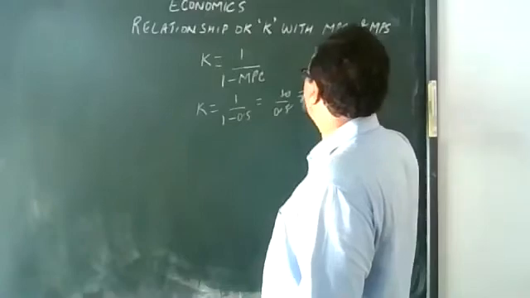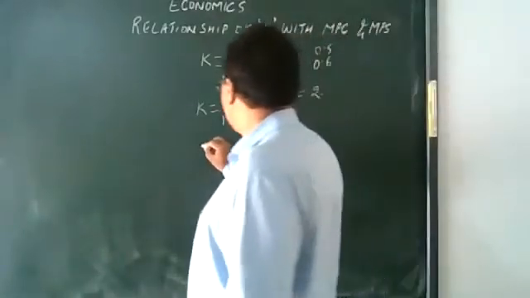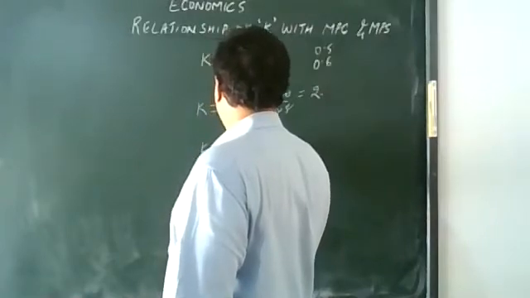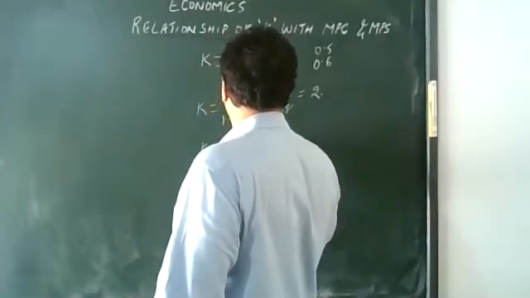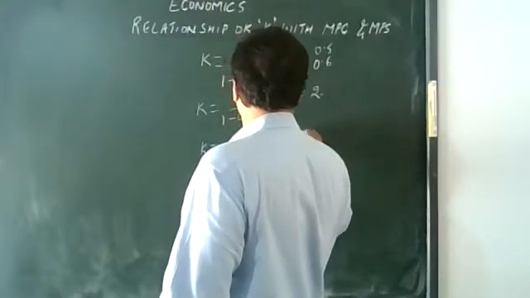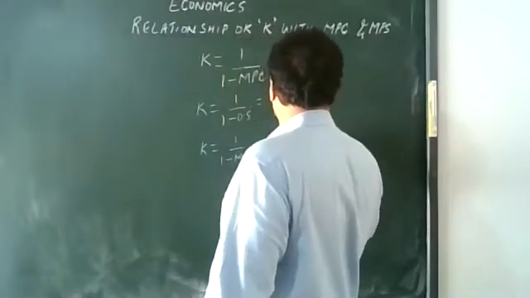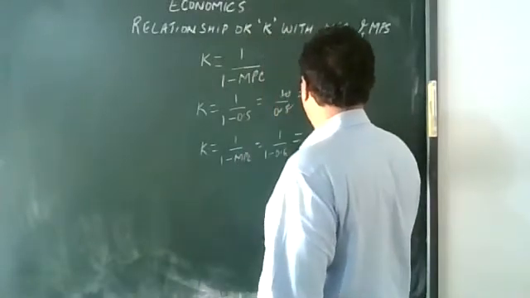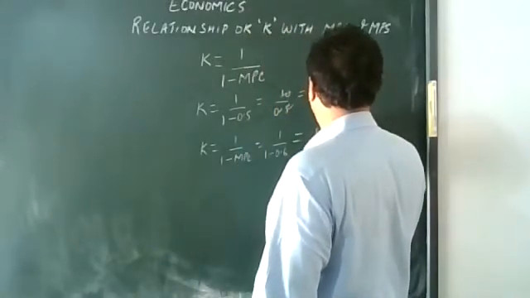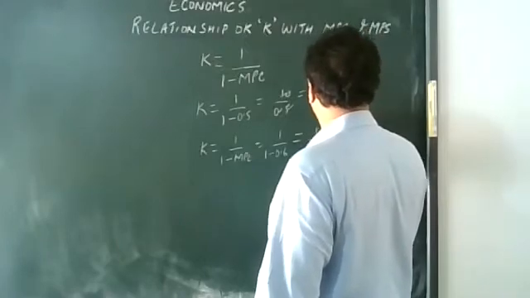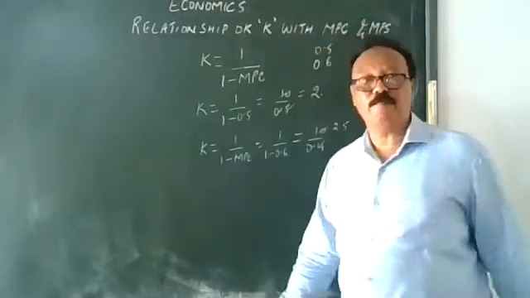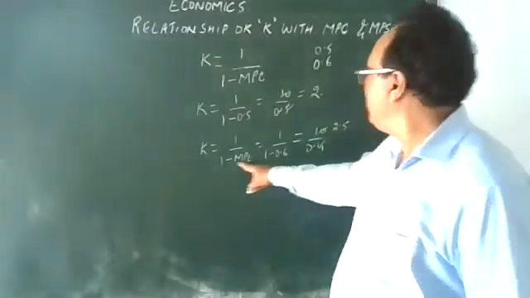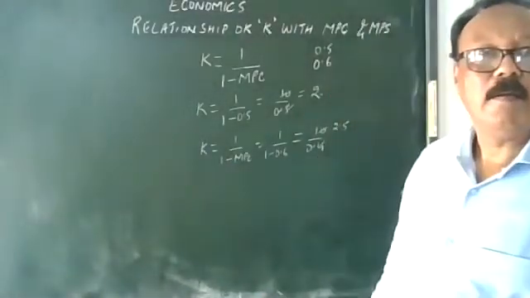Suppose MPC is 0.6. Then K is equal to 1 upon 1 minus 0.6, that is 1 upon 0.4, and you get 2.5. Higher the MPC, the higher will be the value of the multiplier.